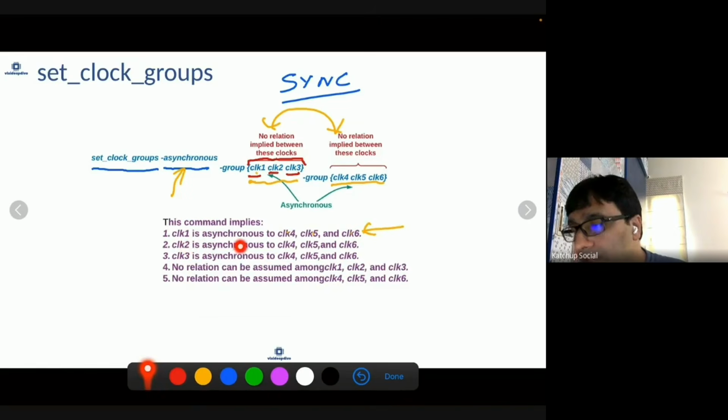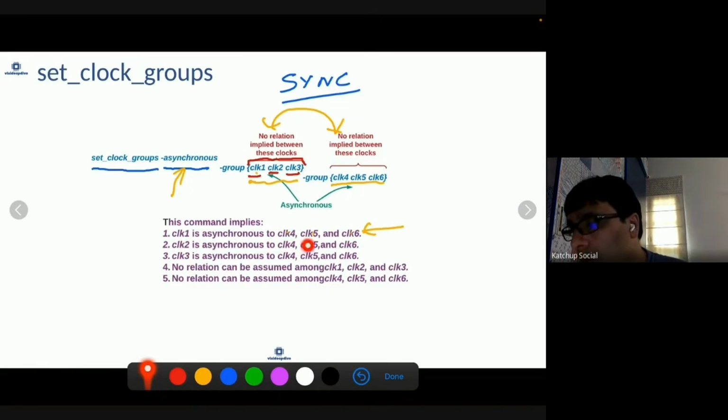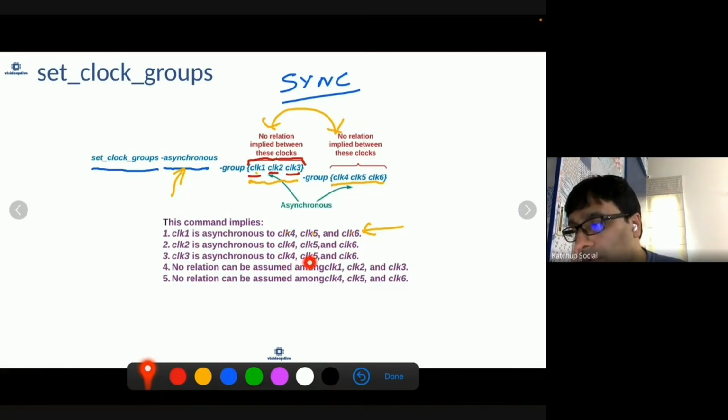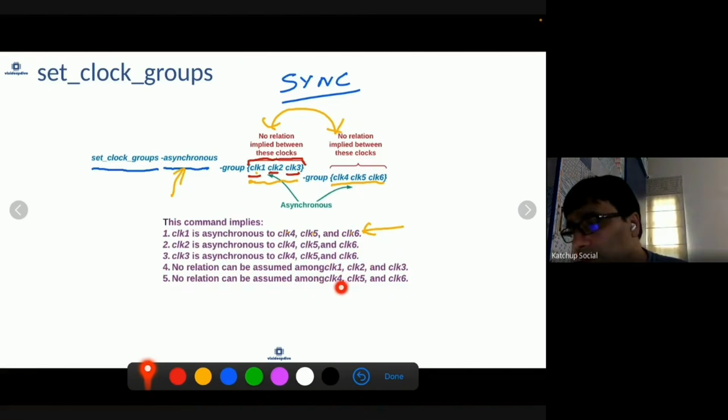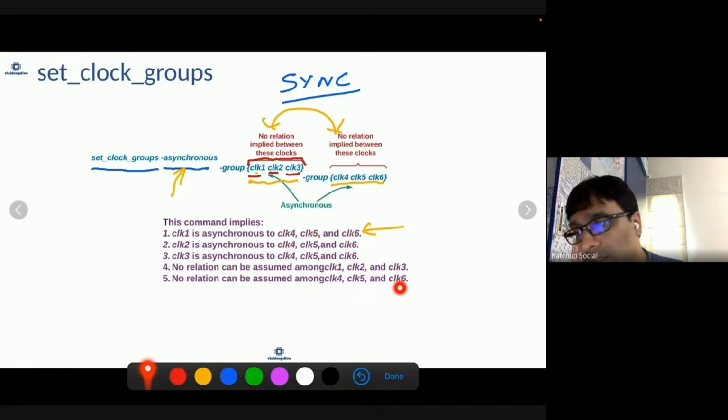Clock 2 is asynchronous to clock 4, clock 5, and clock 6. Clock 3 is asynchronous to clock 4, clock 5, and clock 6. But no relationship is implied between clock 1, clock 2, and clock 3. Similarly, no relationship is assumed or implied by this command between clock 4, clock 5, and clock 6.